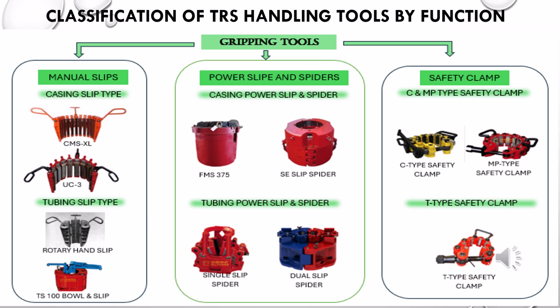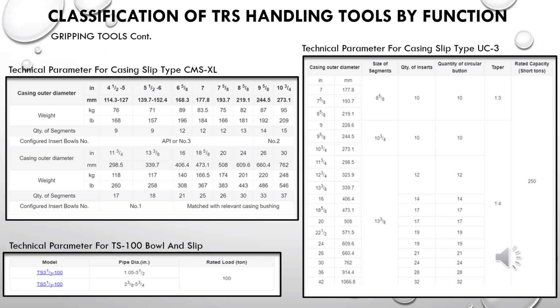All right, so let's take a look at the technical parameters. This is just a summary of the technical parameters of the various gripping tools. The technical parameters display is just a summary of the rated capacity of these handling tools, so that when you are selecting these tools for a job, you should be able to know the rated capacity of these handling tools with respect to the number of joints to be carried out on the job.